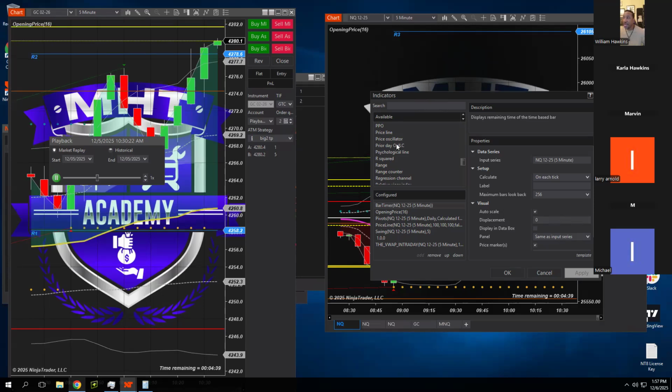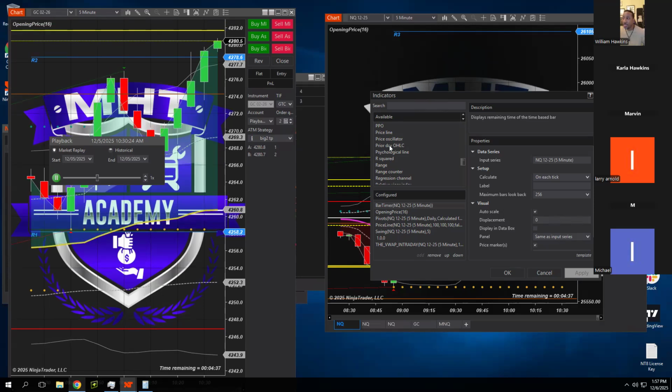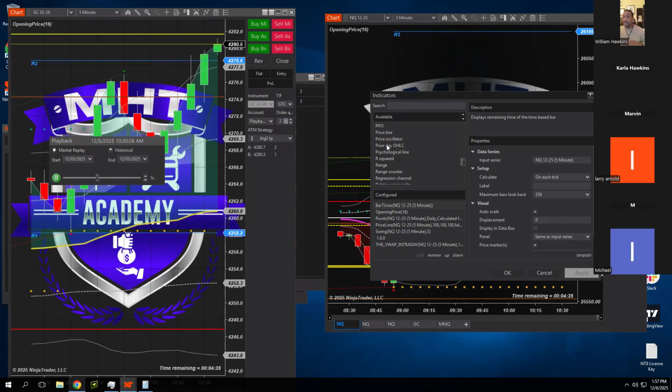So you could use prior day open, high, low, and close if you're not trading the New York session, because in the New York session, we mark the overnight high and overnight low. If you're not in the New York session, you could do prior day OHLC, and you will see that it lines up with the central pivot, the R1, R2, R3, because those are based off the previous high, low, and close. Oh, okay, perfect. Thank you.